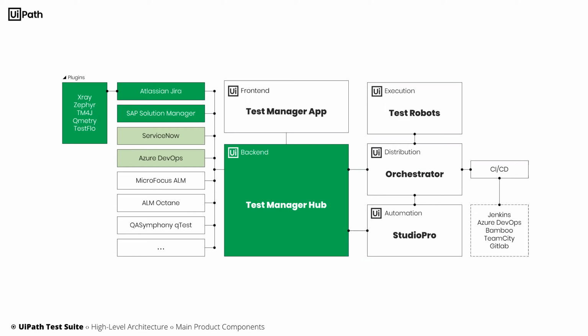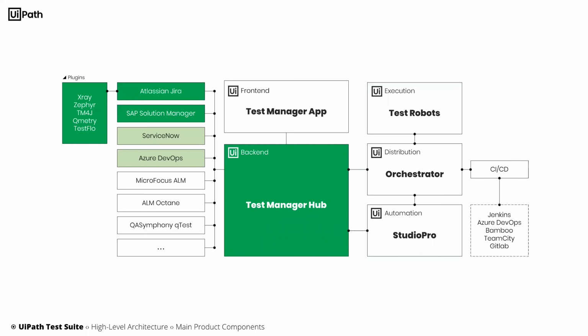In order to get that orchestrated and executed, or let's say organized, how to execute, where to execute, and stuff like that, you use the UiPath Orchestrator. So we built a great extension to the Orchestrator in order to manage and distribute your test executions in there.